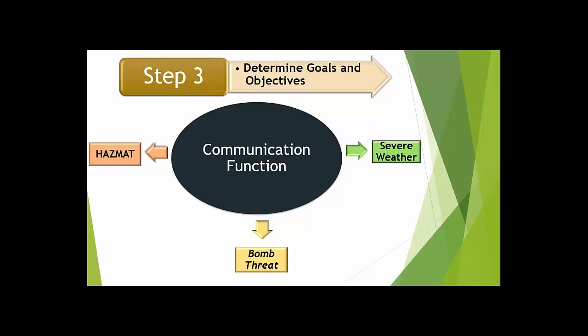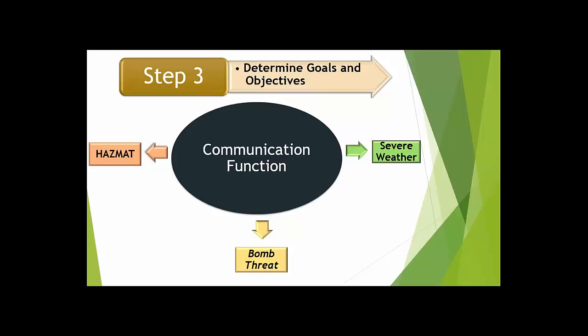After identifying these functions, the planning team should develop 3 goals for each function. As with the goals already identified for threats and hazards, the 3 goals should indicate the desired outcome for before, during, and after the function has been executed.